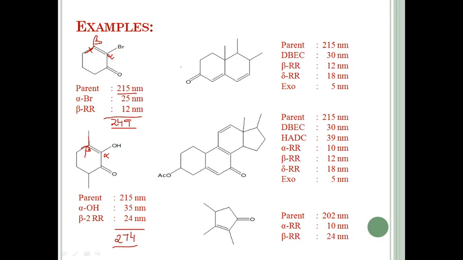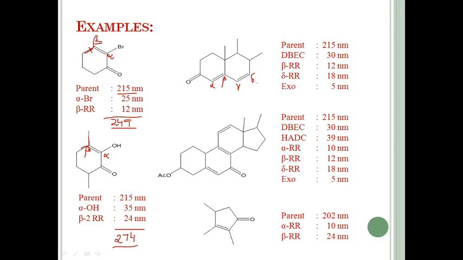Yes, of course this example also comes under the same category, cyclic 6-membered enone system. So the base value of the parent is 215 nanometers and it is having extension of conjugation, alpha position, beta position, gamma position and delta position.